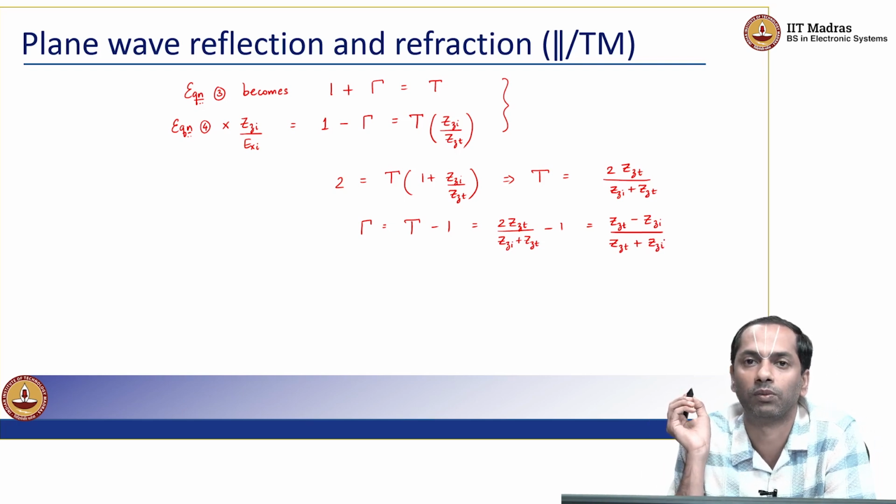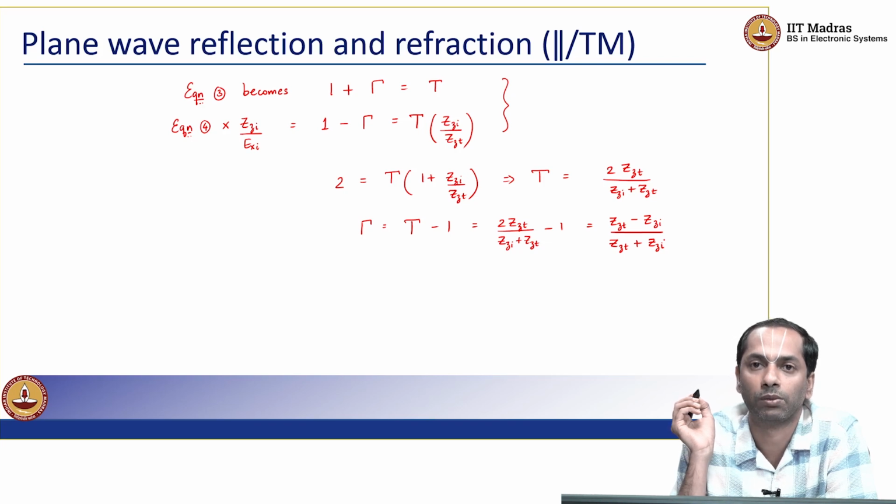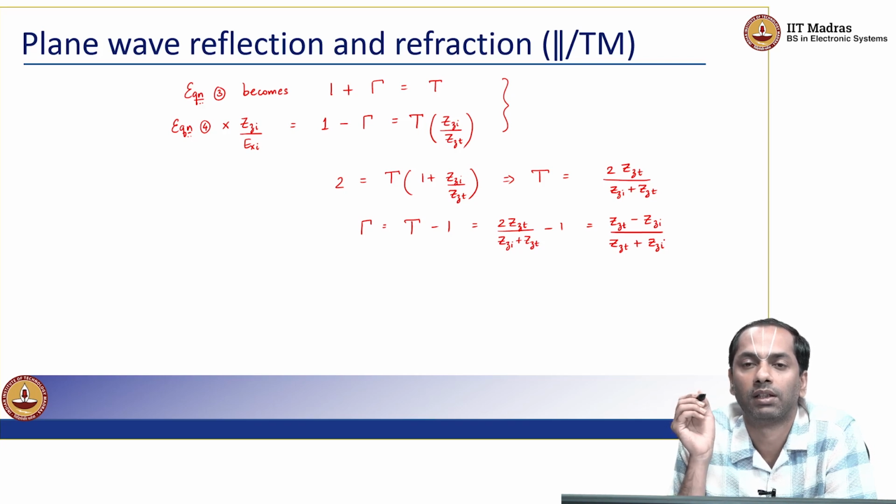Okay, hopefully the mystery is now lifted. The reason to come up with all these complicated wave impedances in the z direction and so on is all to essentially come up with these simple looking expressions that look awfully like the ones we derived for transmission lines, right?